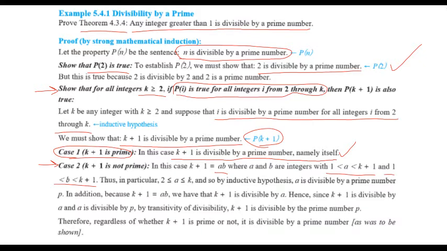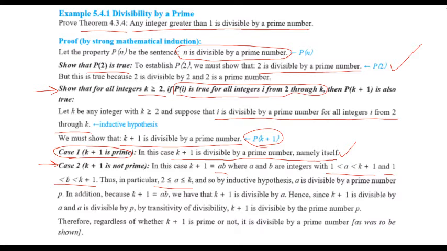They are both between 1 and k plus 1 exclusive. So basically you can say a is between 2 and k inclusive, and b is also between 2 and k inclusive.